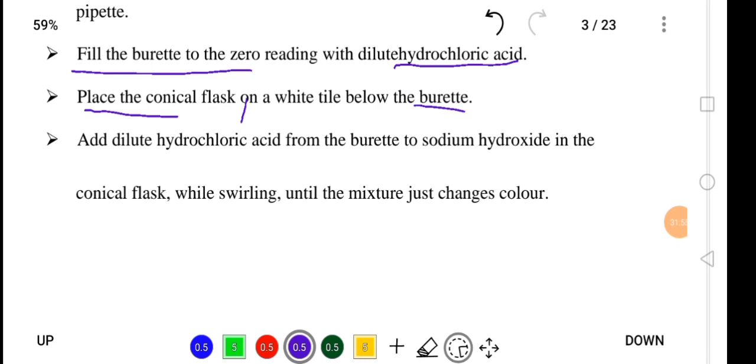From there, you are going to add dilute hydrochloric acid from the burette to the sodium hydroxide in the conical flask while swirling until the mixture just changes color. So immediately you see that the color of the indicator has changed, that is going to communicate that the reaction now is over.